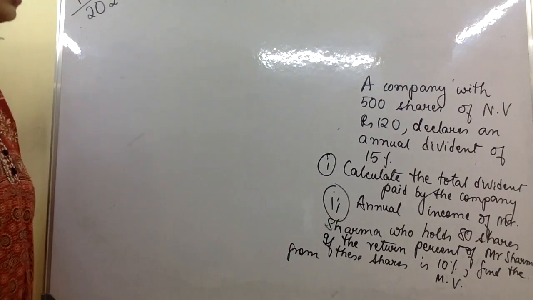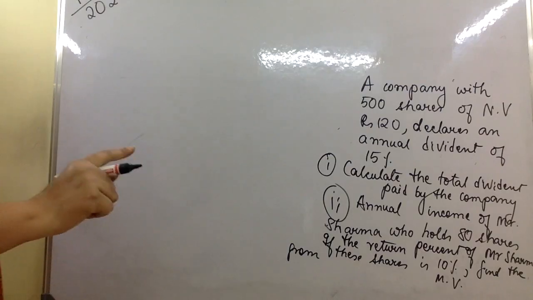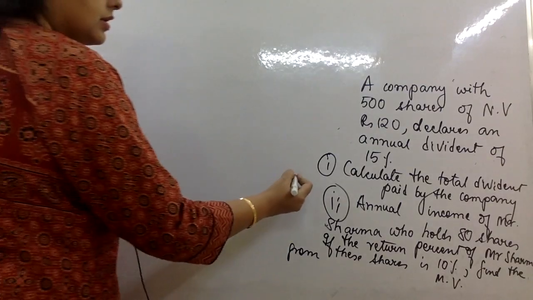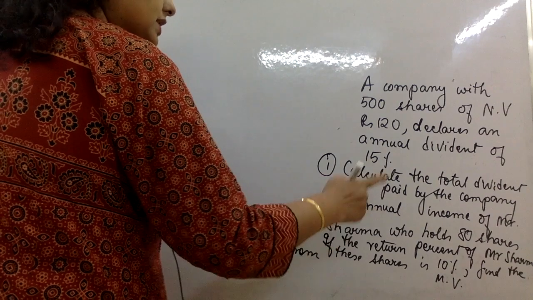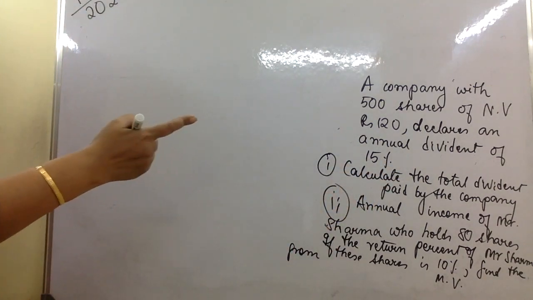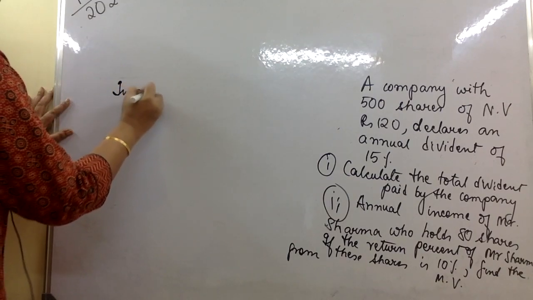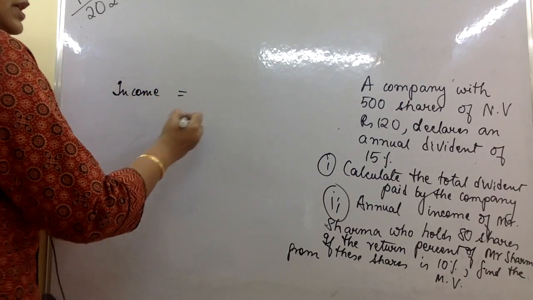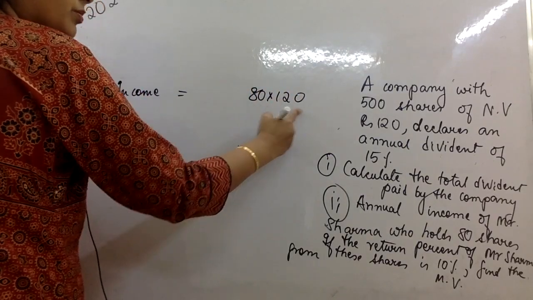So now we have done the first question, what amount the company is paying. Now annual income of Mr. Sharma, who holds 80 shares. If he is holding 80 shares, then 80 into 120 is his total nominal value.